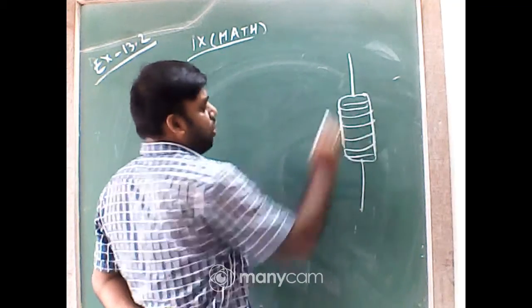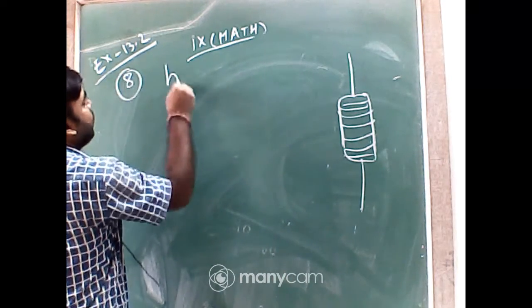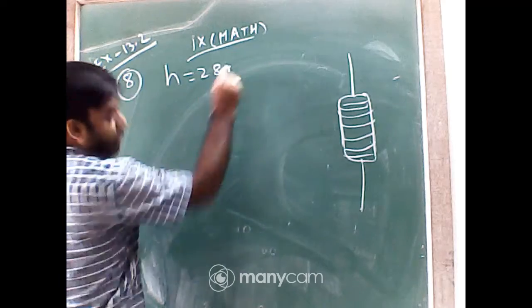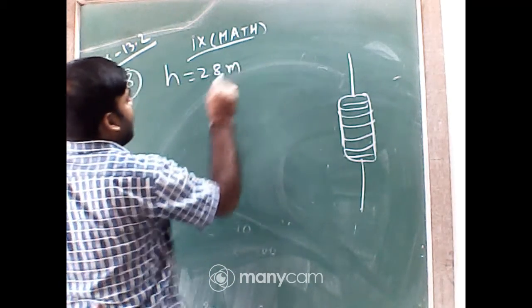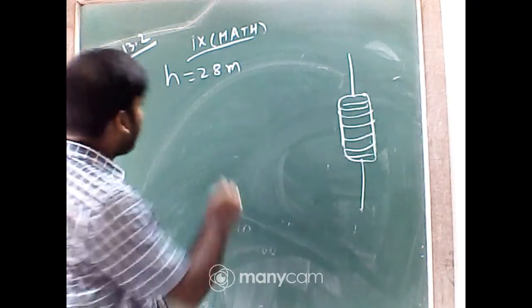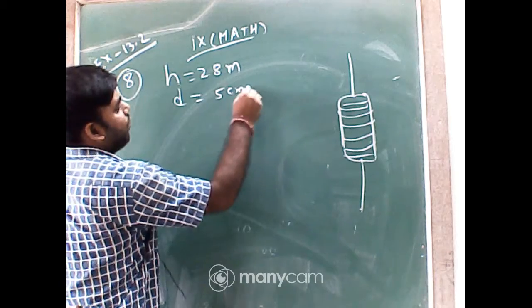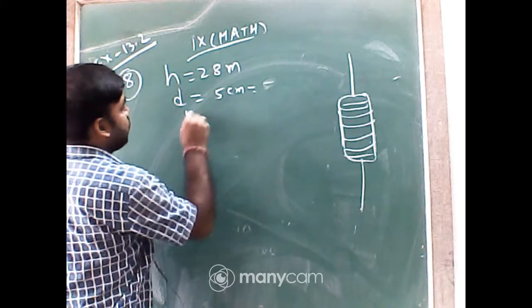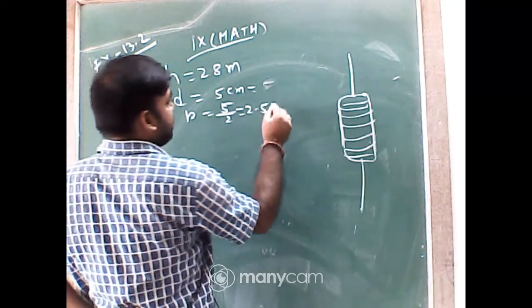Here height is 28 meter, and diameter is 5 centimeter. So radius will be 5 by 2, that is 2.5 centimeter.